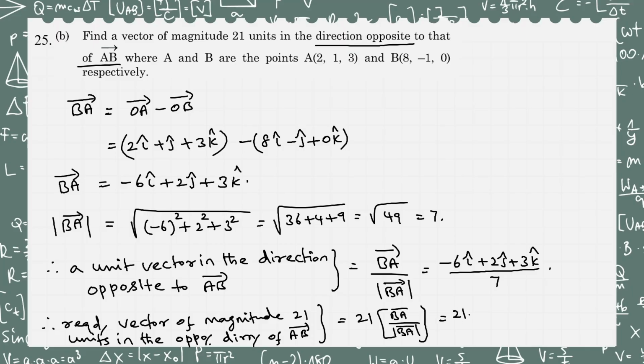So this will be 21 times minus 6i plus 2j plus 3k divided by 7. We can cancel this 7 and 21 3 times. So the final answer is equal to minus 18i plus 6j plus 9k.